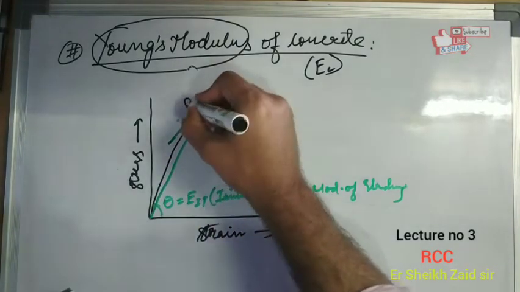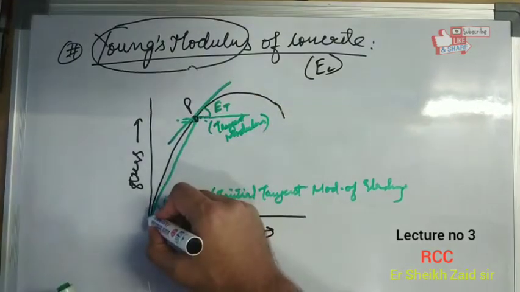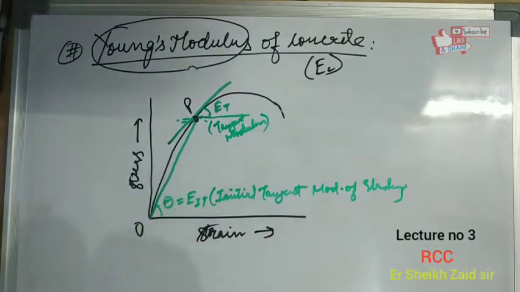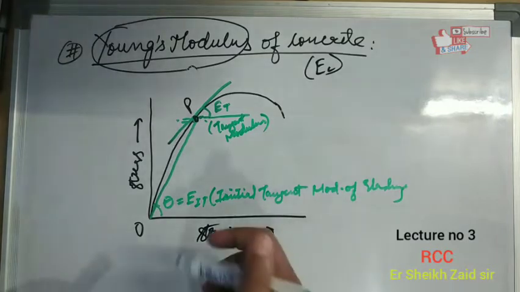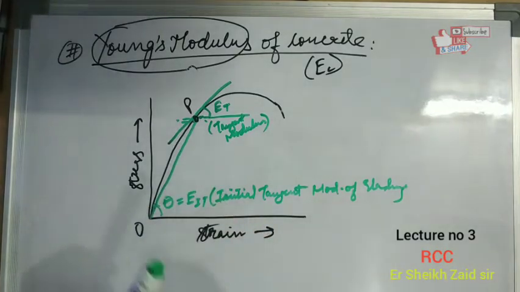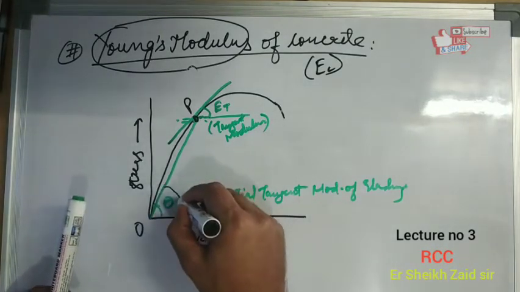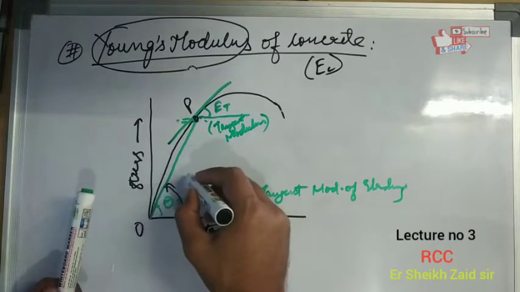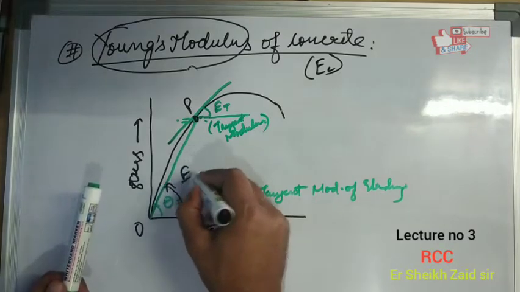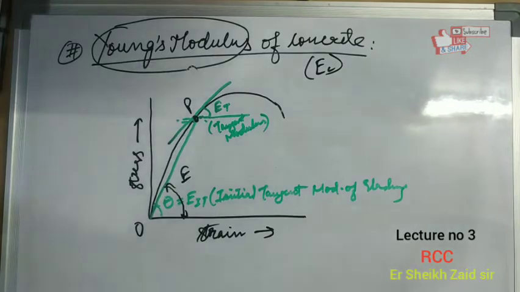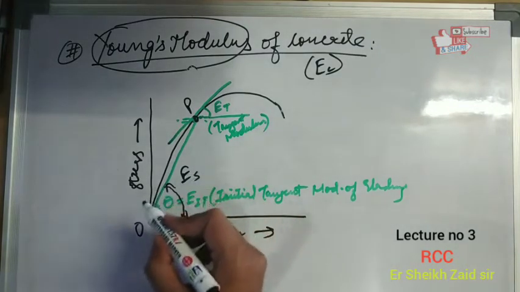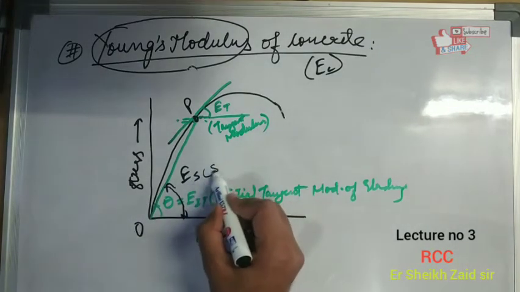Let this point be P, and I have joined it with the origin O. Now this slope will be called as secant modulus of elasticity, represented by Es, secant modulus.